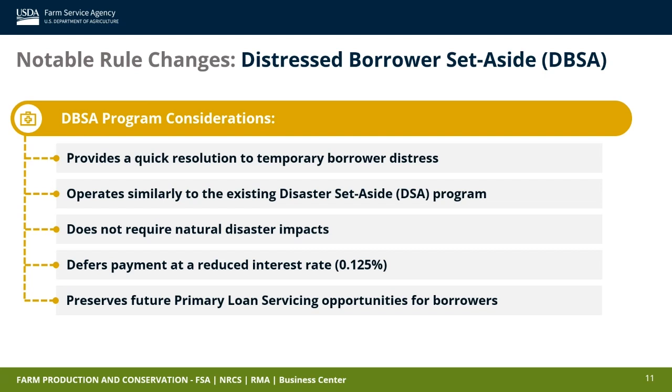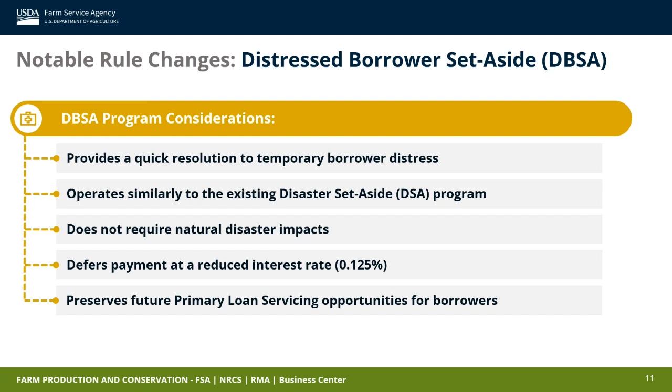And so the first change here we're noting is DBSA, and it was modeled after that successful disaster set-aside program that FSA's maintained for decades. That's called DSA, the Disaster Set-Aside Program. Most of you all have experience with that.